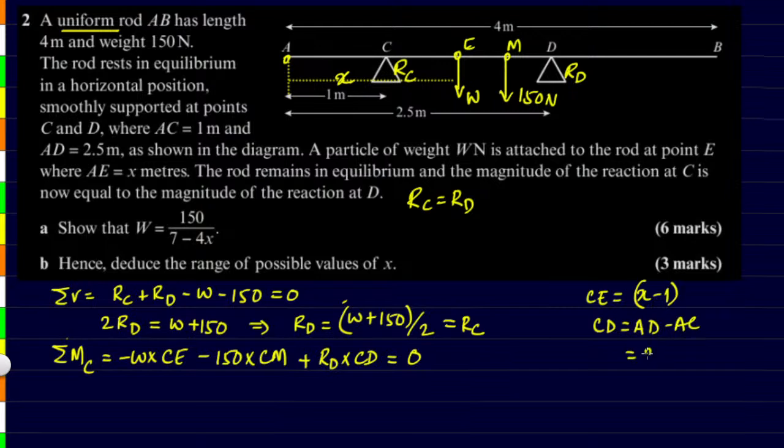AD is 2.5 minus AC is 1.5. So substitute them. Both these terms are negative, so send them to the other side and they become positive. So W into CE, x minus 1, plus 150 into CM.